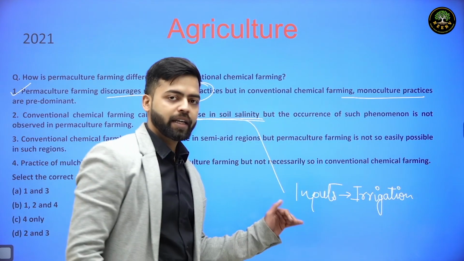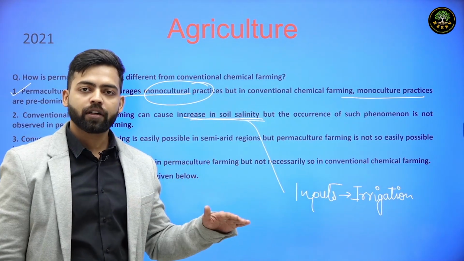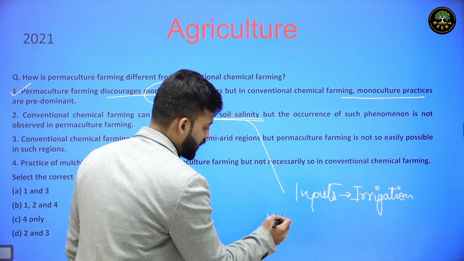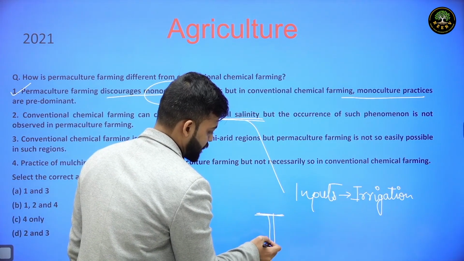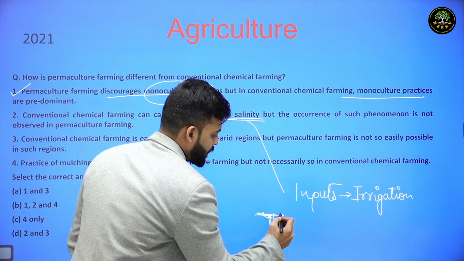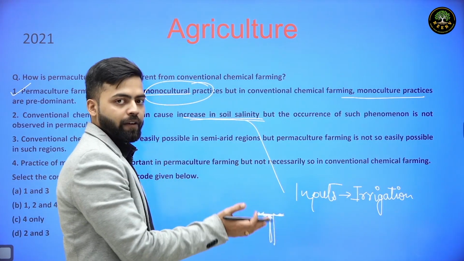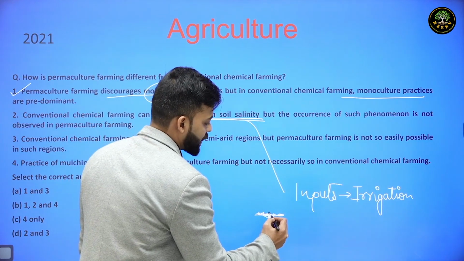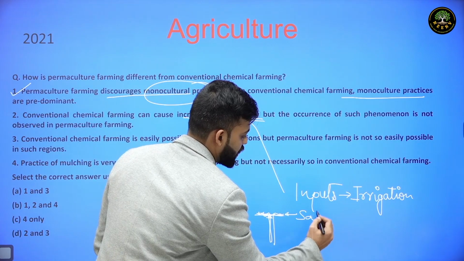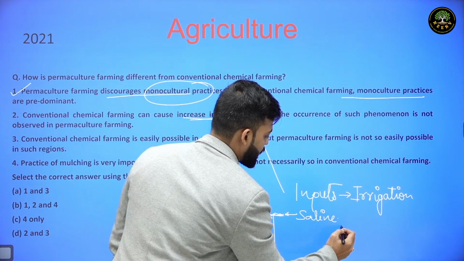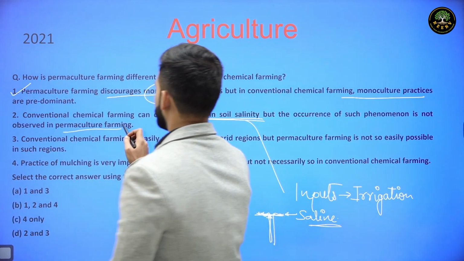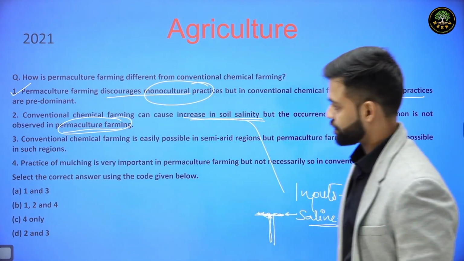When we provide irrigation, if excessive water is there, the salt from the soil comes to the ground level through capillary action. They come here, and when evaporation happens, they get settled here. So the top layer of the soil becomes saline. Whereas such occurrence is not observed in permaculture farming.